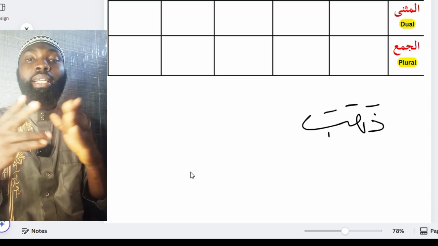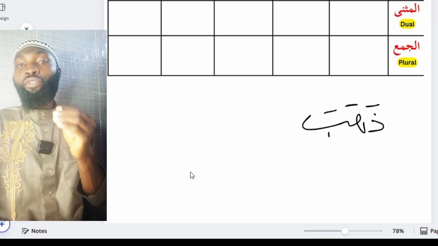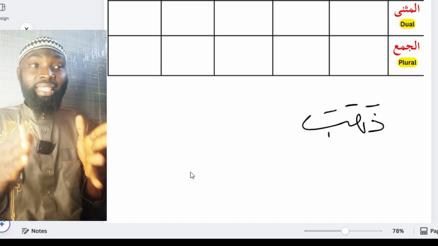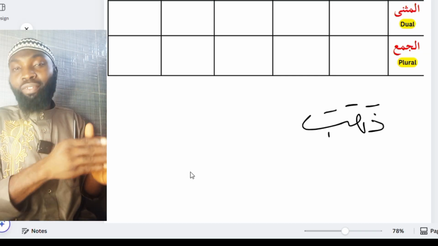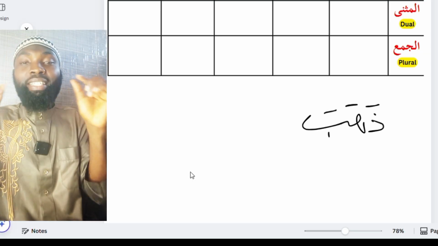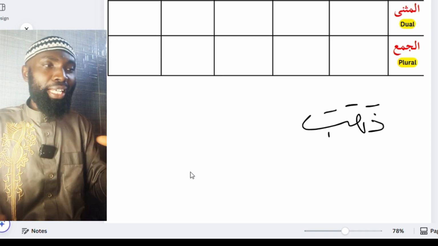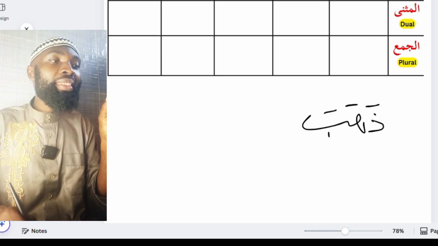In short, originally, all Arabic verbs, except for some few, are known to be formed with just three letters. This is to say that if you master this conjugation, then you'll be able to form most of the Arabic verbs like the verb qatala, the verb fa'ala, and the rest of them. So let's move on using this verb dhahaba.